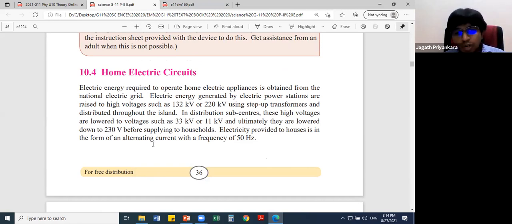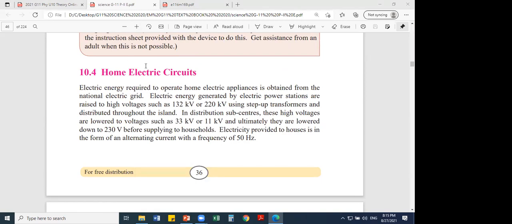In Sri Lanka we don't use nuclear power, we mainly use hydropower and thermal power, right? So I will use the PowerPoint slide also at the same time.